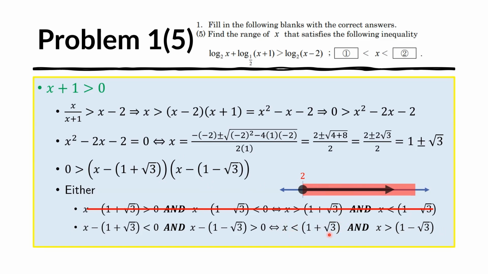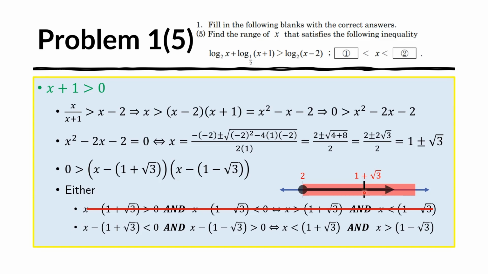And this condition says it must be to the left. So x must be less than 1 plus square root of 3, to the left of this number. And 1 plus square root of 3 is a little bit greater than 2, right? It's about here, because square root of 3 is clearly greater than 1.